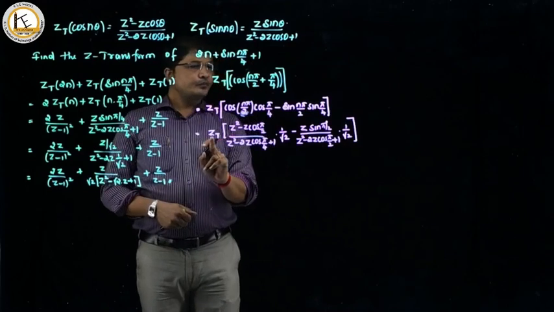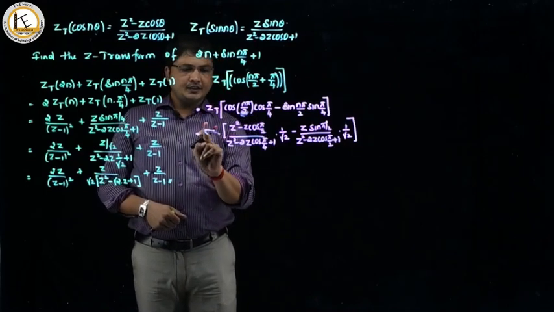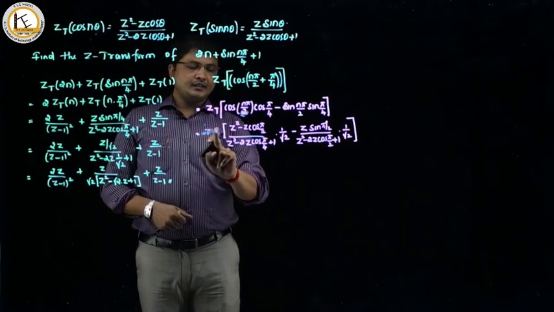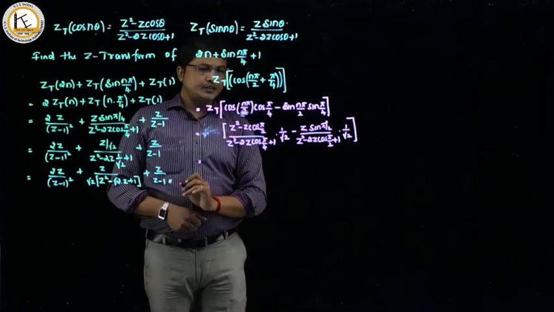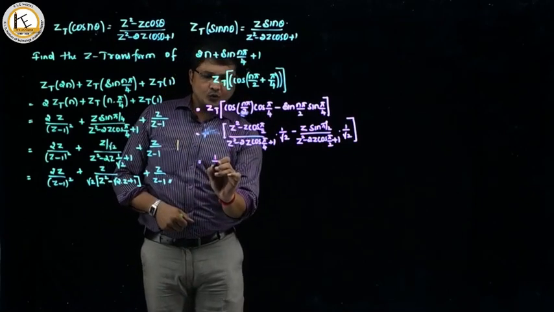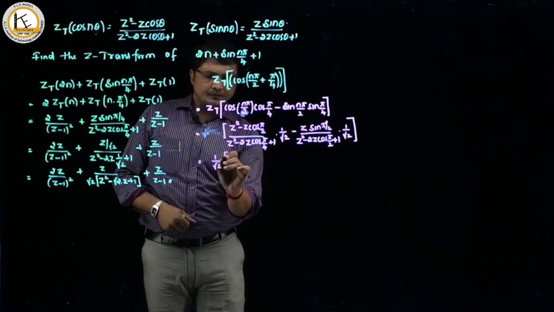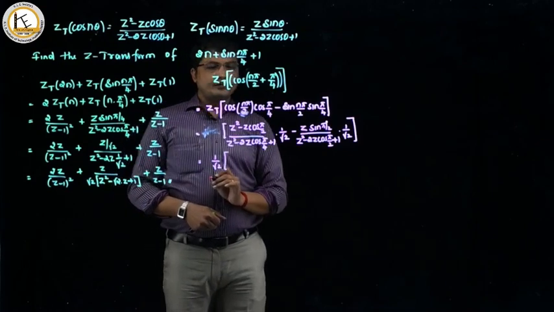Here we just need to remove the z transform notation because already we have written the z transform. So I will take 1 by root 2 common, then we will simplify further.